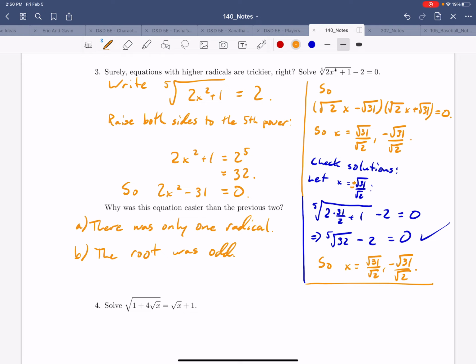So I'll just say in parentheses here, raising a number or expression to the fifth doesn't give fake solutions. Maybe I should say false solutions. Less politically charged.